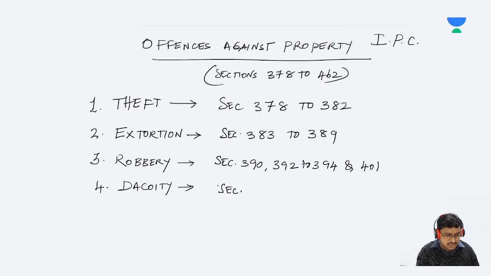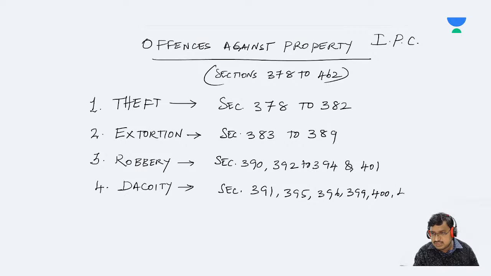Sections 391, 395, 396, 399, 400 and 402. These sections are exclusively dealing with the concept of dacoity. Okay, friends. In this class, we are going to know about these 4 kinds of offenses and the differences between these 4 offenses. Now let us see the next one.